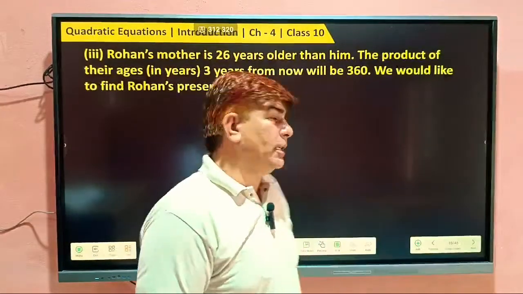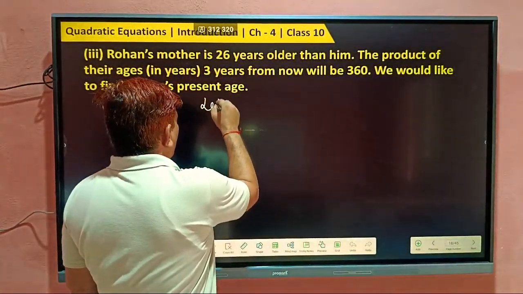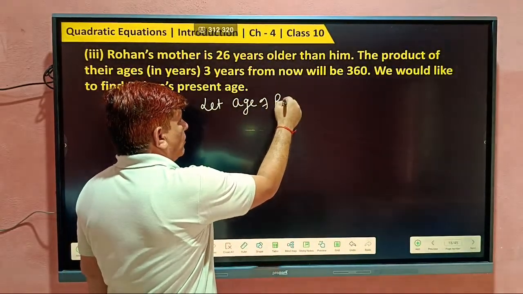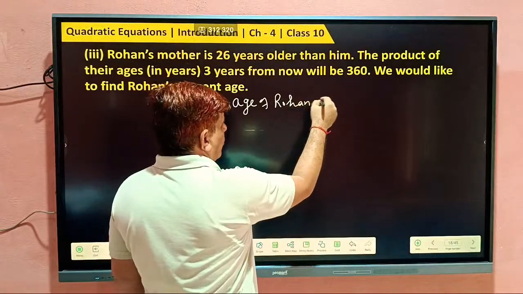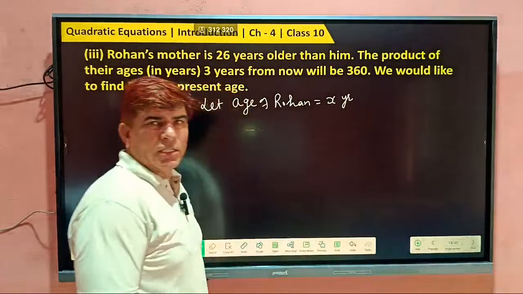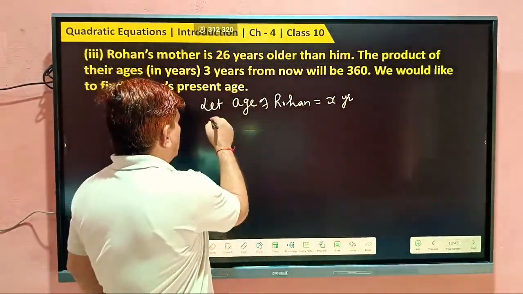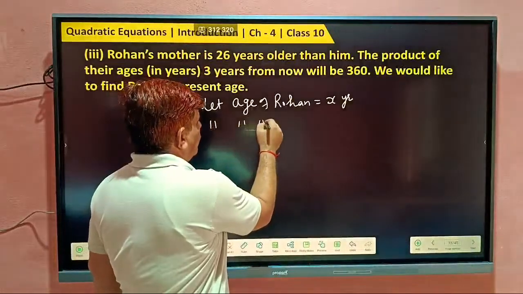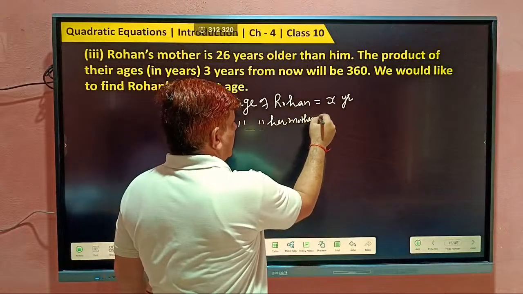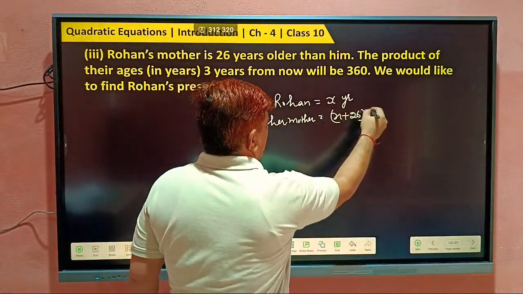So what we can say, let the age of Rohan be X years. What's the age of Rohan? X years. And according to the question, what's the age of his mother? Rohan's mother is X plus 26 years.